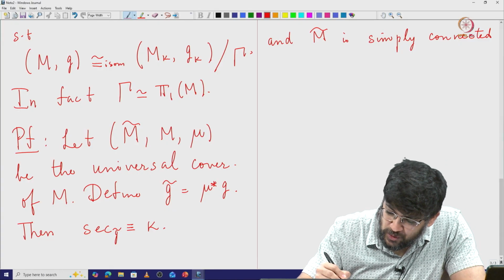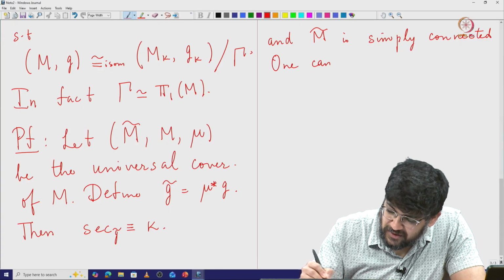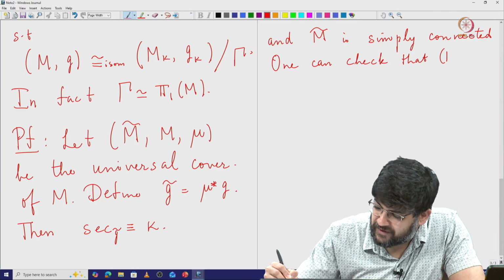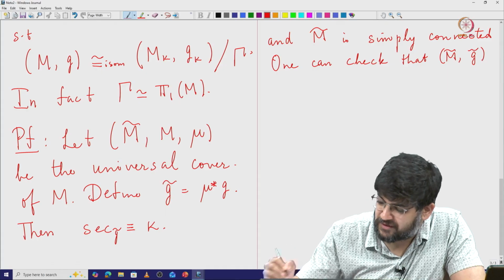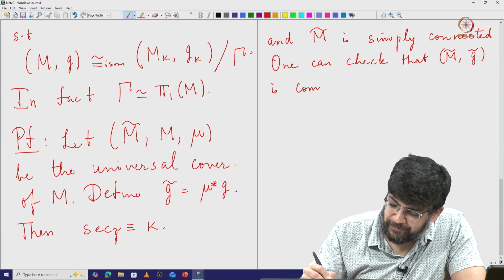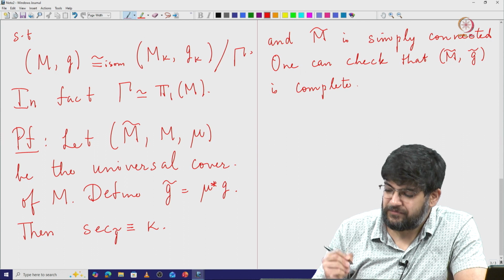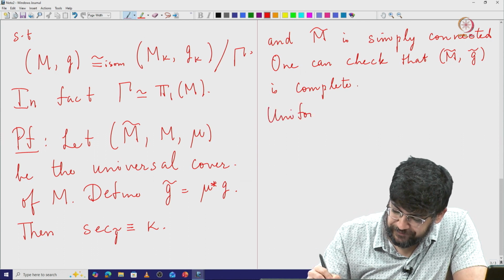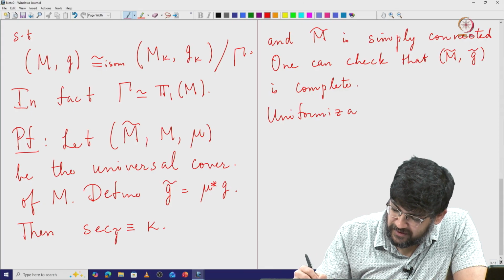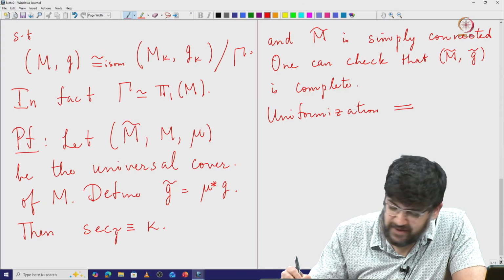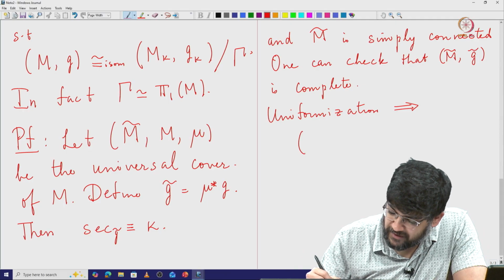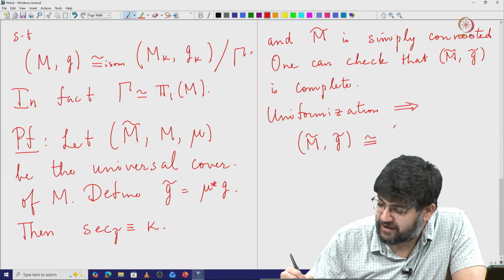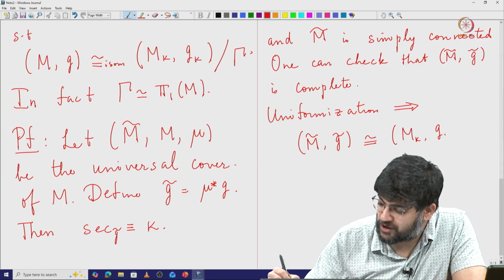One can also show that this is actually also complete. Okay. So then by the uniformization, this implies that (M tilde, g tilde) is isometric to the corresponding model space.